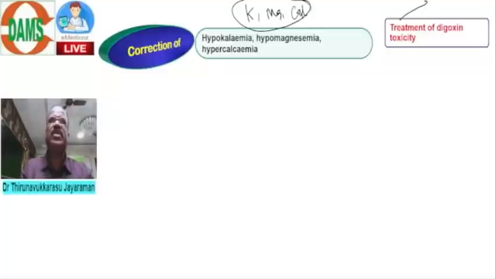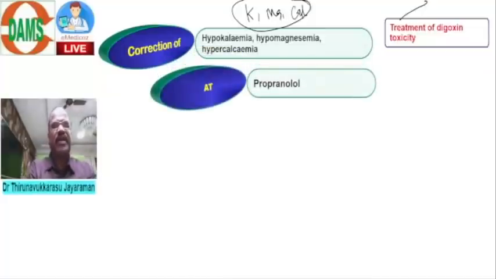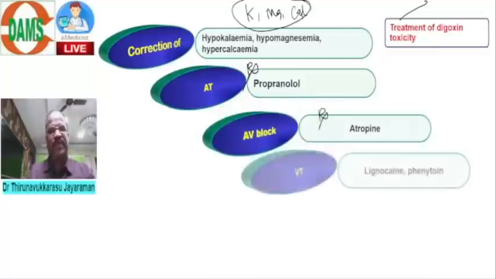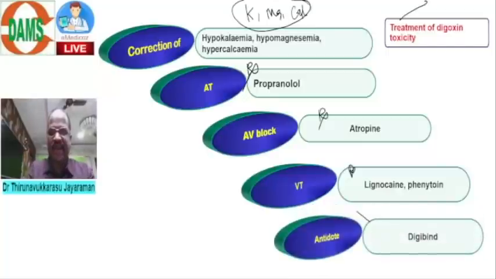So first check potassium, magnesium, calcium and correct the electrolyte imbalance. And then if there is an atrial tachycardia, treat using propranolol. If there is a block, give atropine. If there is a ventricular tachycardia, give either lignocaine or phenytoin. Whereas the best is to go for the antidote.